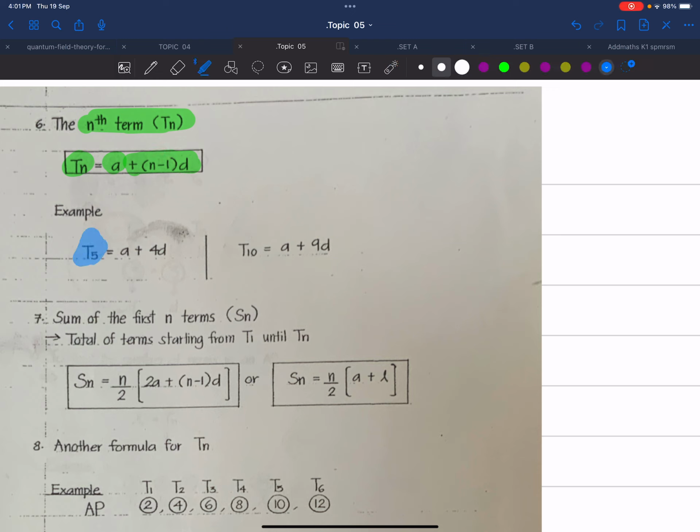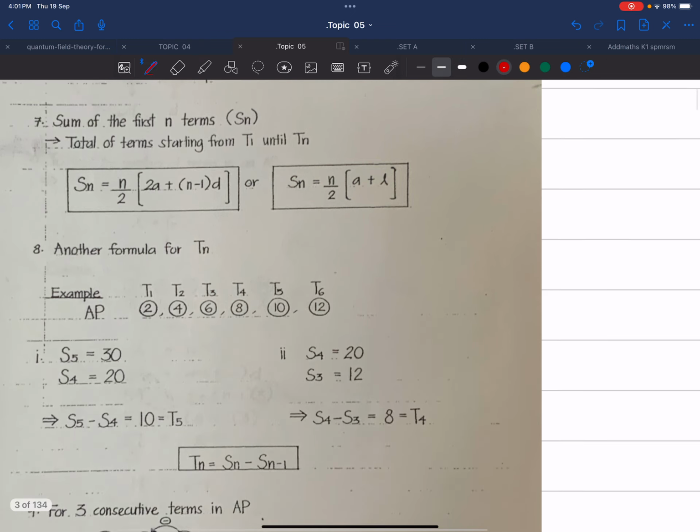Therefore, T5 is A plus 5 minus 1 D. We have T10, 10 minus 1 is 9, so A plus 9D. Just another example: if I have T20, it will be A plus 20 minus 1, 19D.